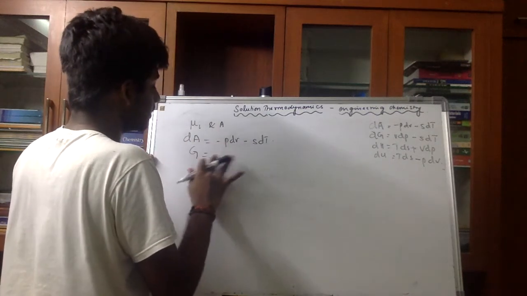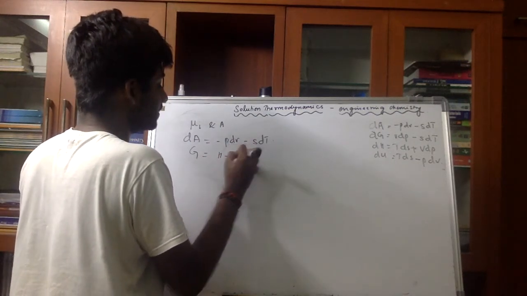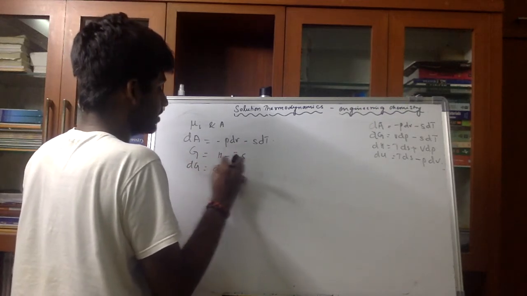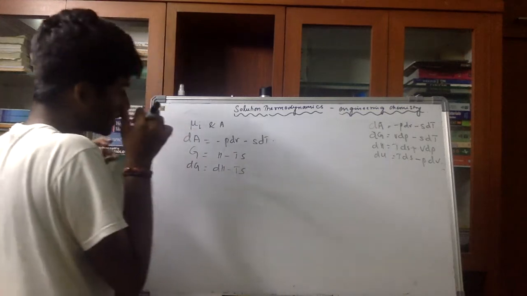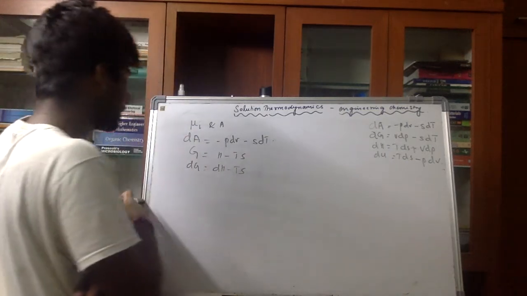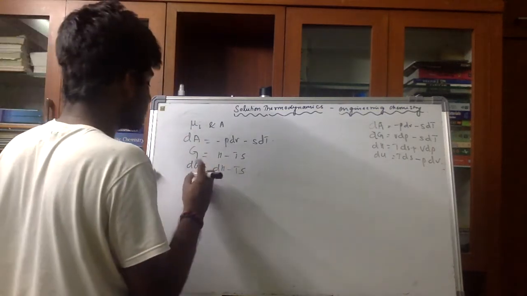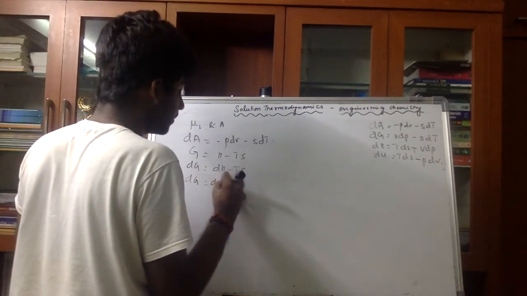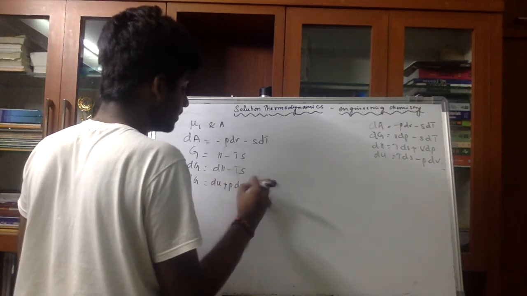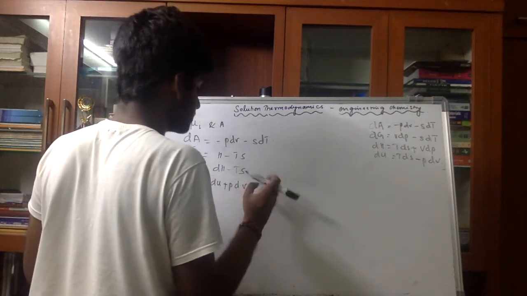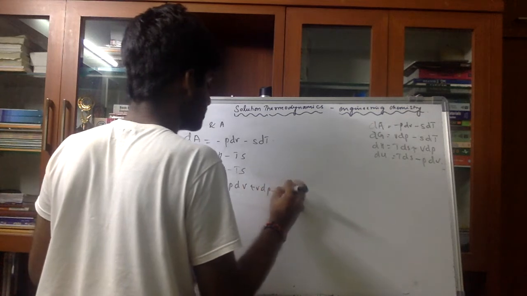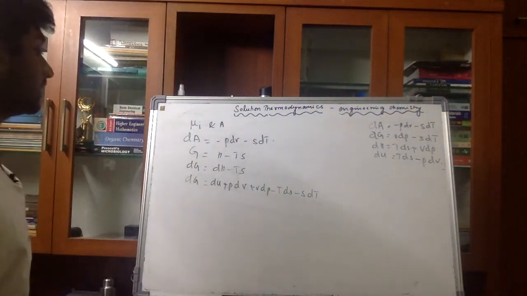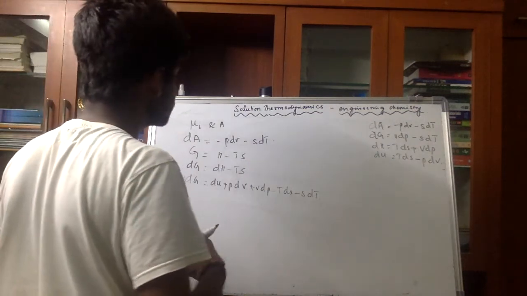Okay, so now next I have to include the Gibbsian equation, which is G is equal to H minus Ts, and dG is equal to dH minus Ts, and then afterwards I am supposed to write dG as dU plus PdV plus VdP minus TdS plus SdT. Okay, so now next what are we supposed to do?